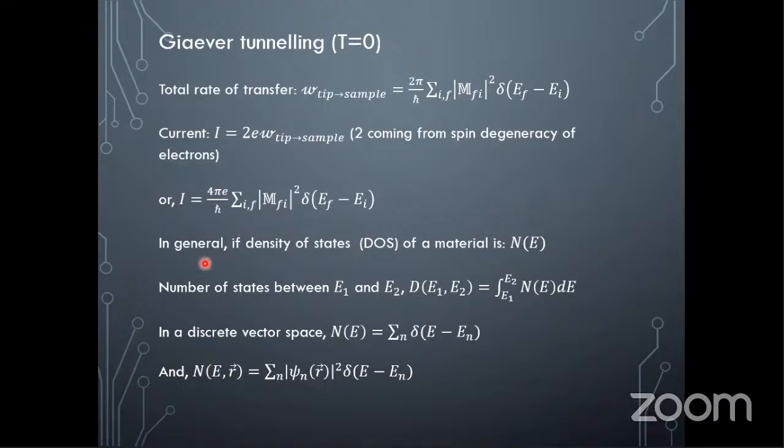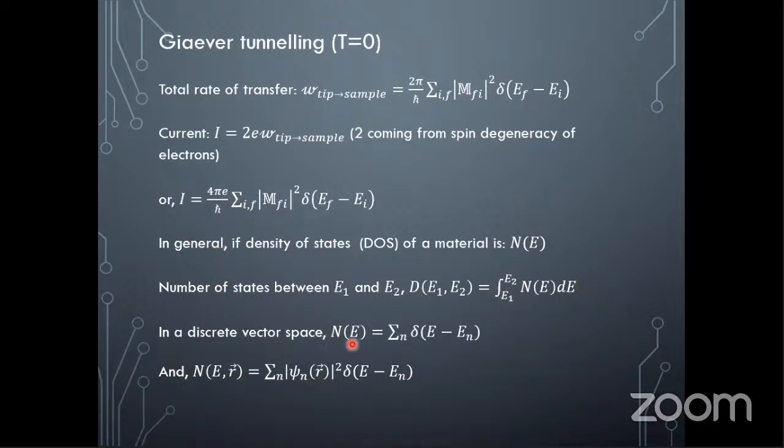Now, in general, if the density of states of a material is n as a function of E, then the number of states is equal to the integral between some energy E1 and E2. This is for a regular continuum.